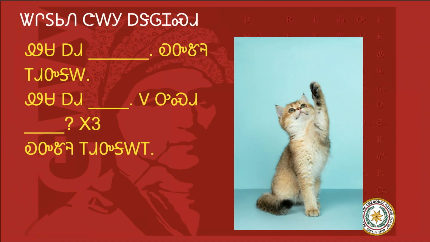Okay, we'll read through this. Wesaot, okay, which is a kitten, right? Wes is a cat. Ot is a baby animal that's usually born in a litter, right?